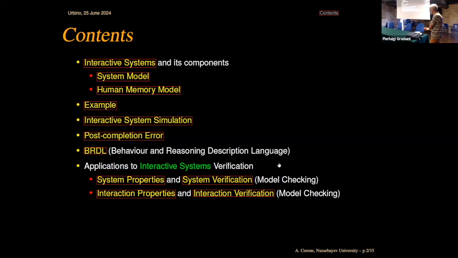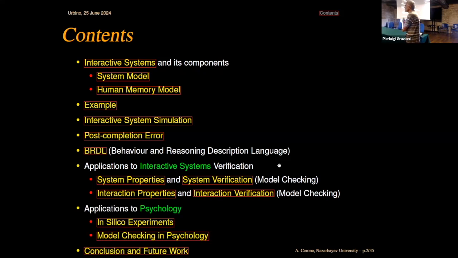But the interesting thing is that this approach can actually be also applied to psychology. So not only can we formally verify interactive systems, but we can also perform in silico experiments normally conducted in psychology. And this will help us to understand psychological theory, try to understand specific things at low level, but also understand very high level psychological theory.